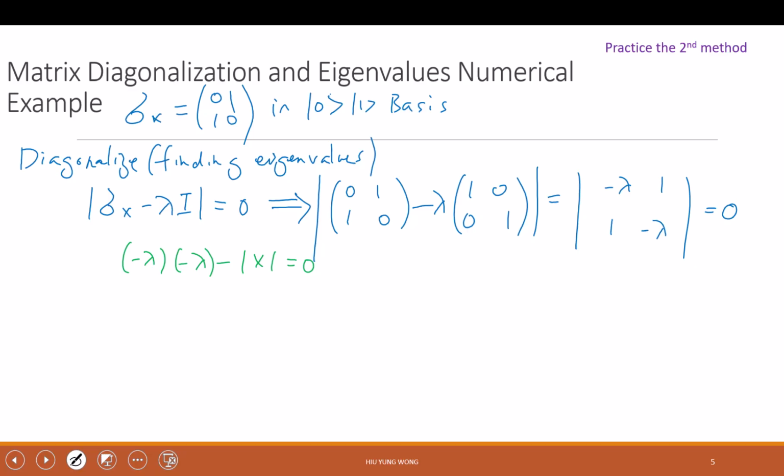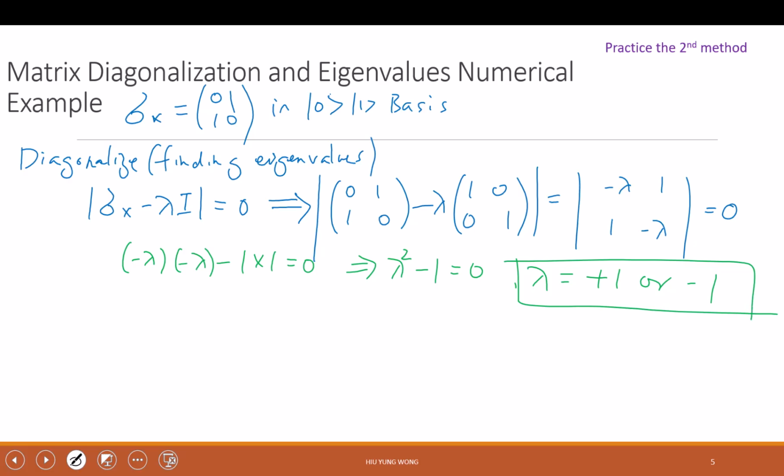That's the equation we need to solve, which means lambda squared minus 1 equals 0. So what is lambda? Plus 1 or minus 1. I'm done with the eigenvalues, right? It has 1 or minus 1.